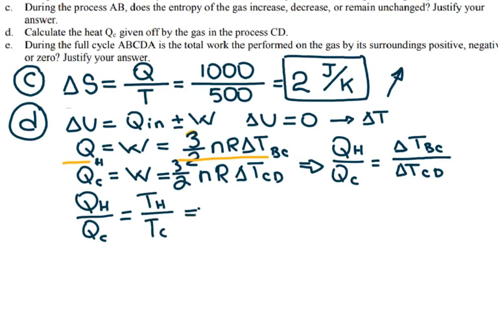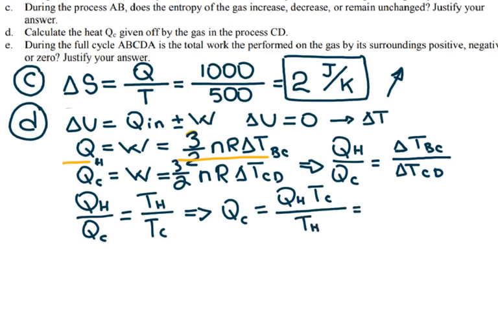Then if I plug in my numbers, I'm going to get Q cold is equal to Q hot times T cold divided by T hot.